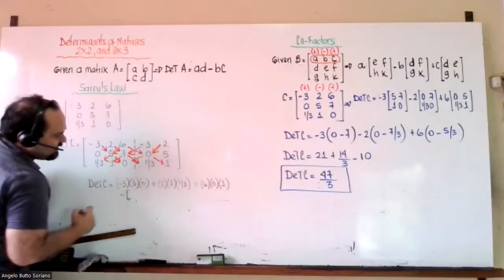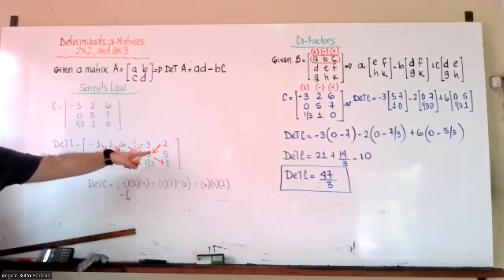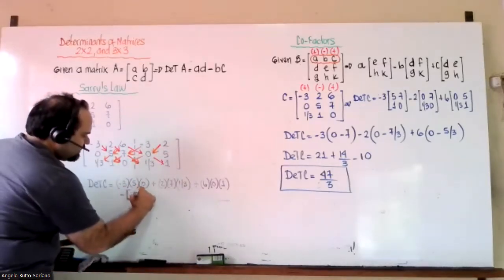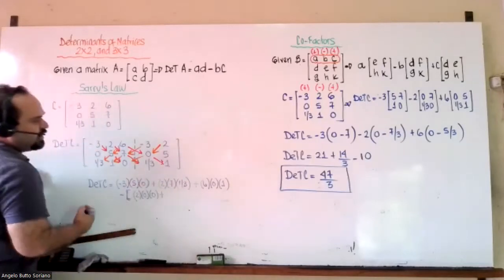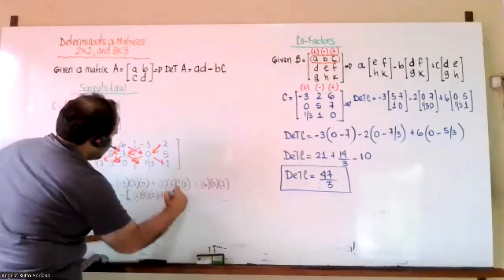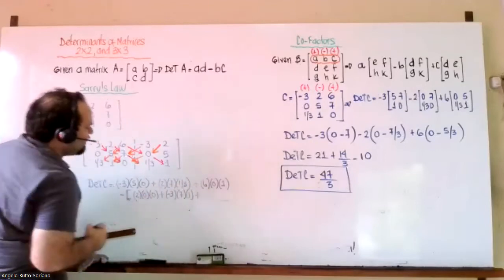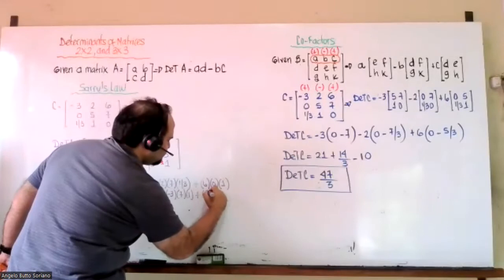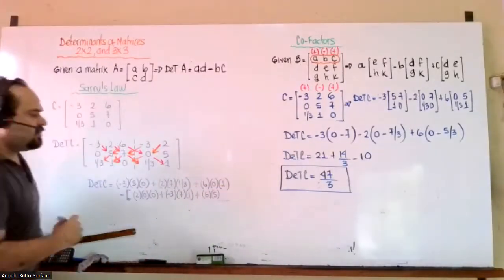Remember, this is a negative sign, open bracket, and just do the same process. The first sequence: 2 times 0 times 0, plus negative 3 times 7 times 1, and plus 6 times 5 times 1/3.